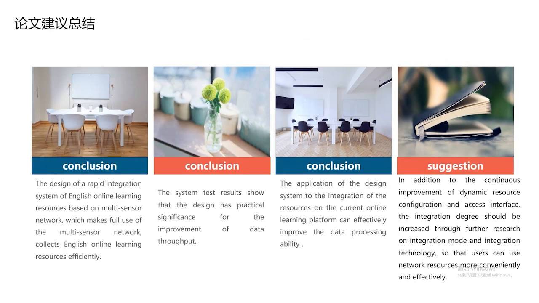The design of a rapid integration system of online learning resources based on multi-sensor network makes full use of the multi-sensor network and collects English online learning resources efficiently. The system test results show that the design has practical significance for the improvement of data throughput.